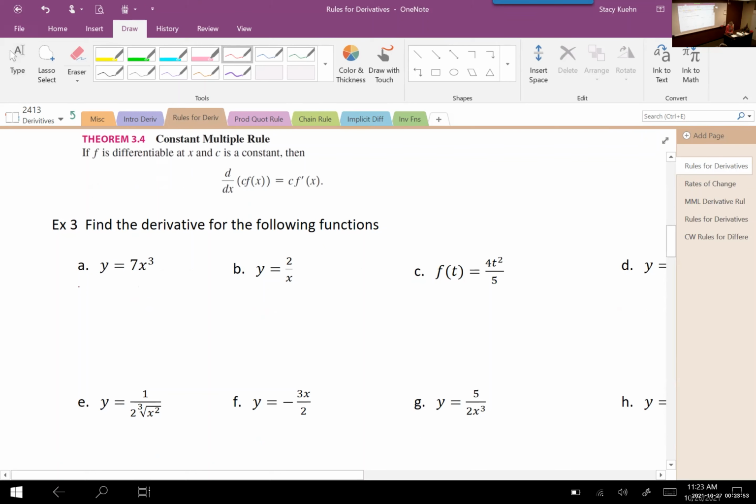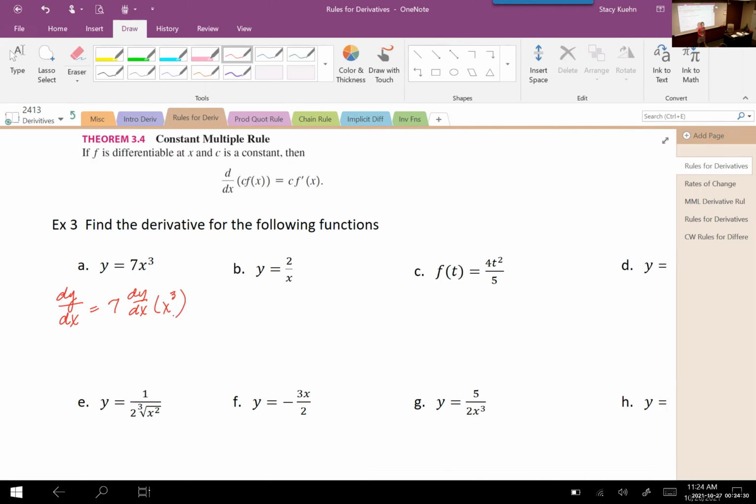So what we're looking at here says dy/dx would be equal to, I'm only going to write this once, 7 times d/dx of x cubed. That's a different way to write the derivative. I don't always like it. It gets kind of messy. What it's saying is the derivative of y with respect to x is equal to the constant 7 times the derivative of x cubed with respect to x.